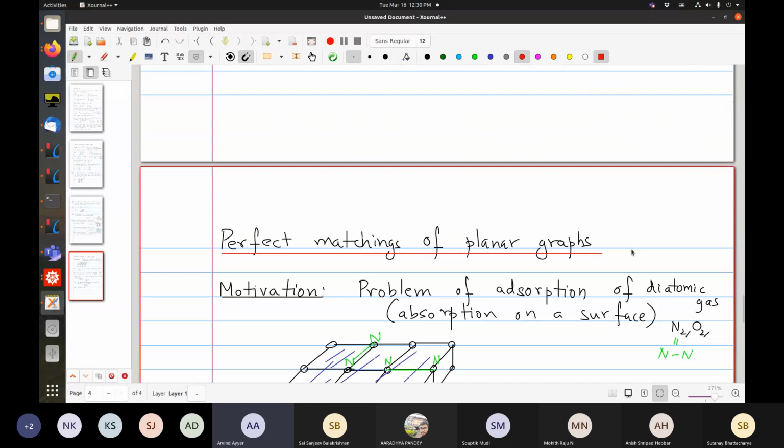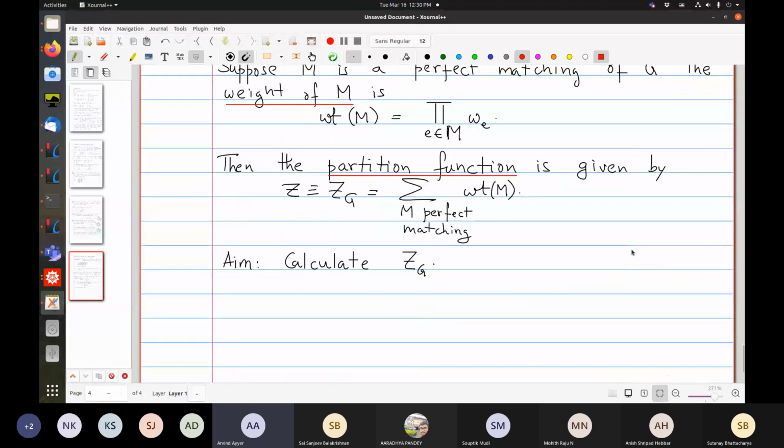Perfect matching or dimer cover. So just note, maybe remark, this is why this problem is called the dimer model.